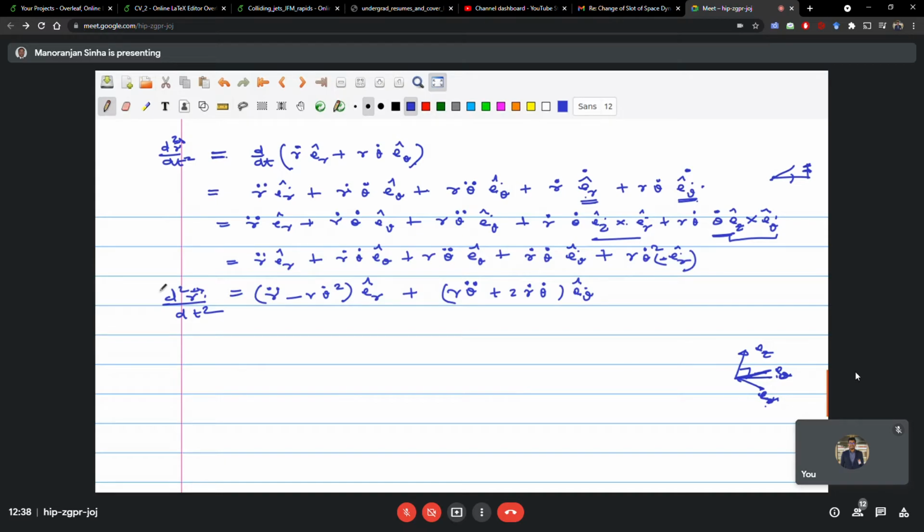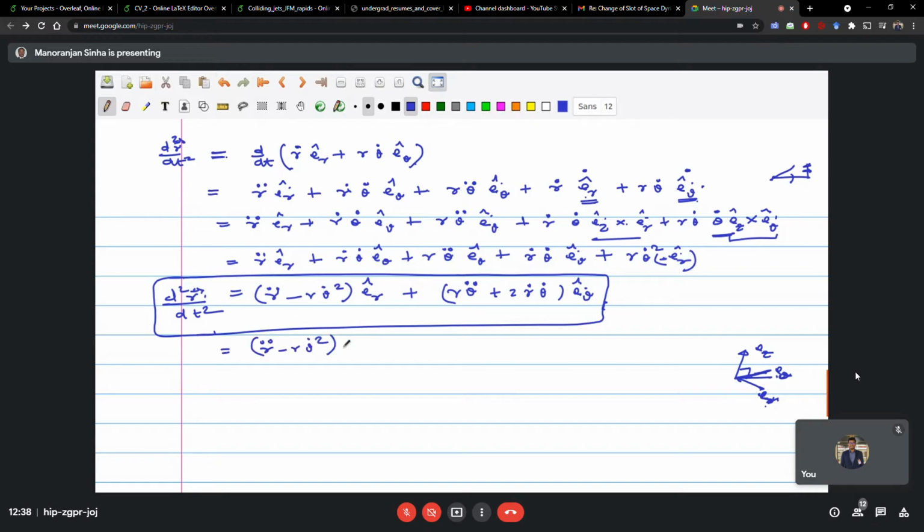So this is the acceleration of the particle under the central force motion on the left hand side, and the right hand side we have to equate with that. So this can be further simplified as... Remember, here this is the radial acceleration, this is the centripetal acceleration.